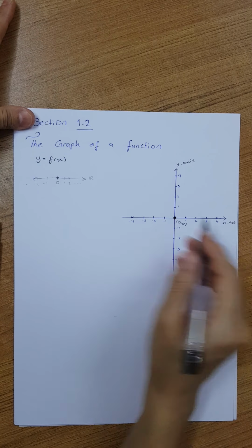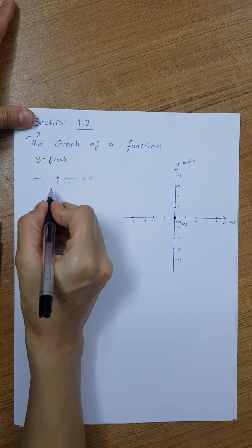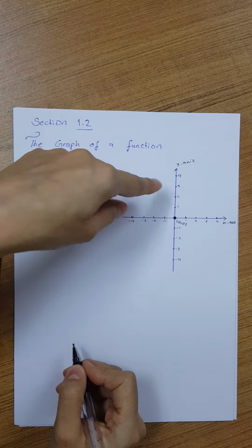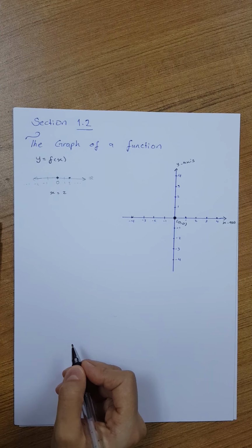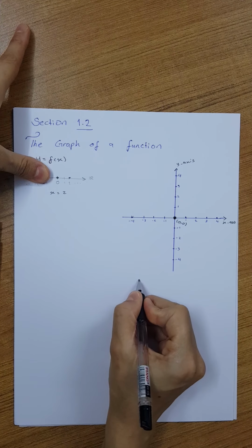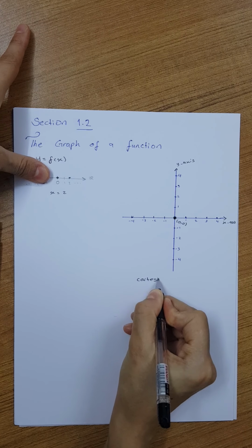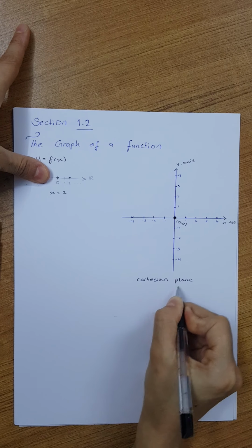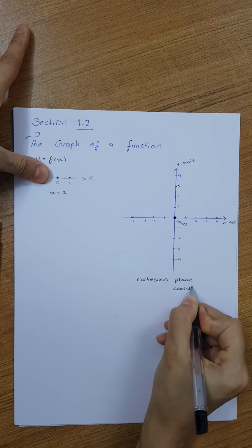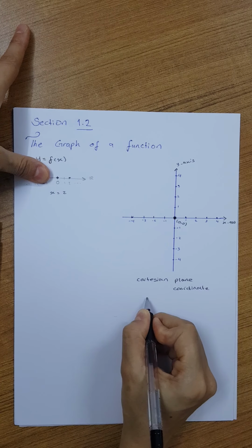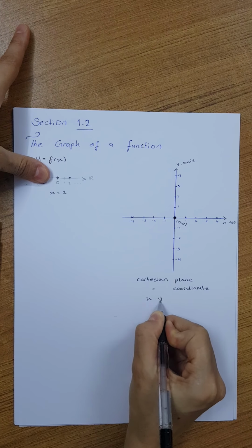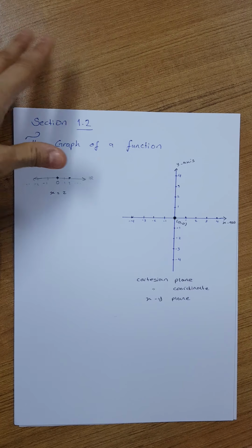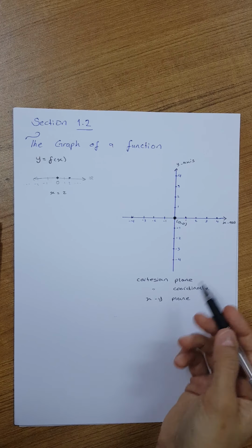When we said, for example, x is equal to 2, that was simply the number 2. But when we are representing points on the Cartesian coordinate system, sometimes called the Cartesian plane or the xy plane, in general I will say Cartesian coordinate or Cartesian plane.